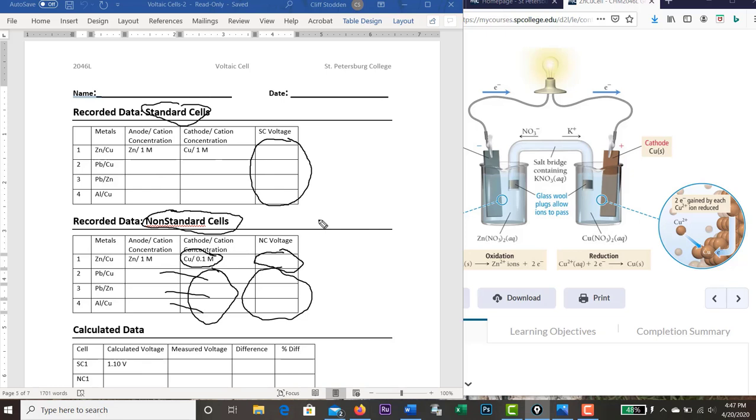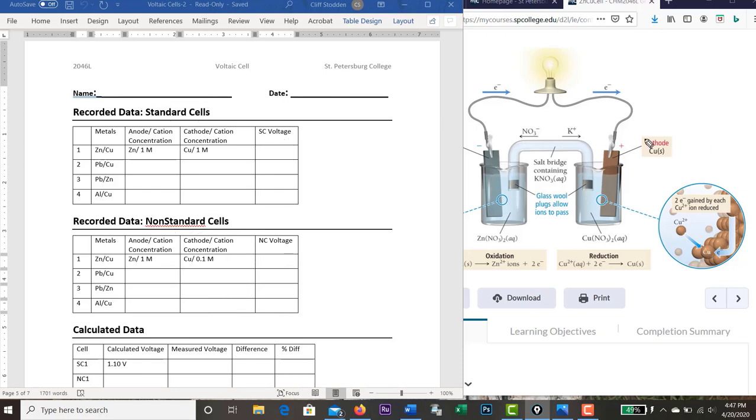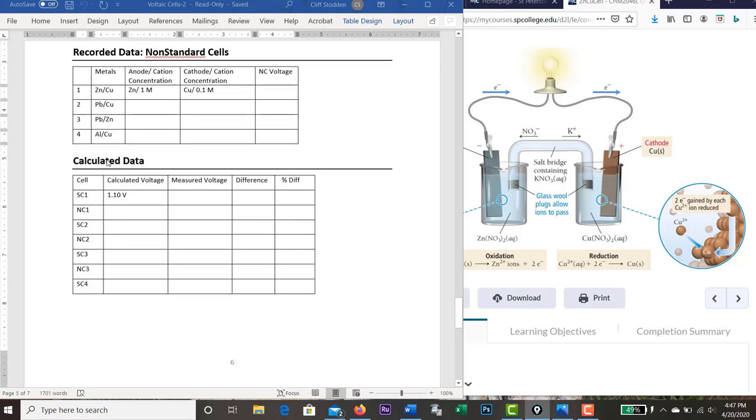In my lab report quiz, I'm actually not going to be showing any actual data, so you won't have to do anything with the data that would have been recorded, but you will have to do this bottom part here, the calculated data. So the lab report quiz is really all in here in the calculated data.